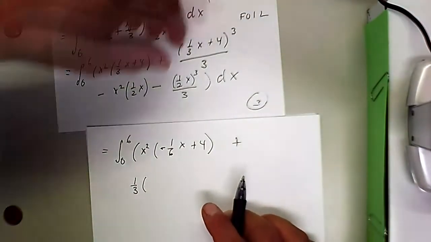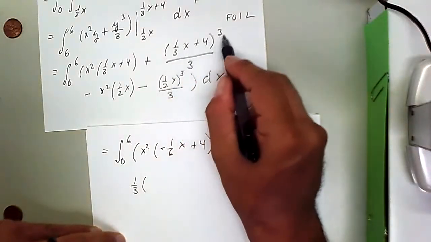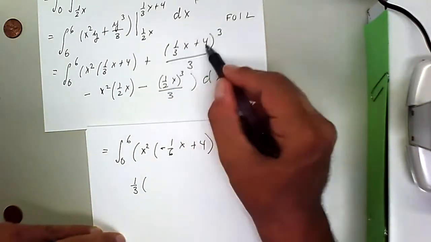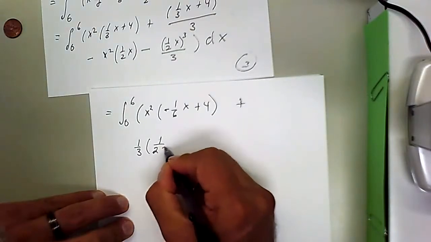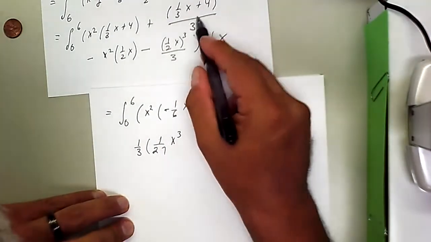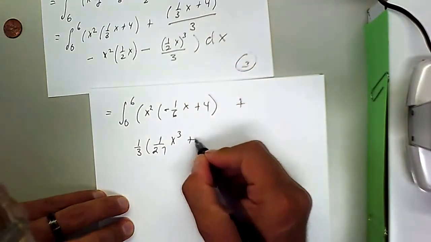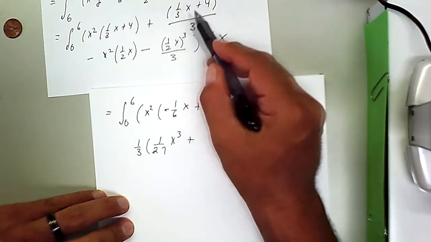That will take you a little bit. So just multiplying this with itself, so we have three of them, we end up with 1/27 x cubed. All right. And then plus 1/9, but then we multiply by 3. So that's 1/3 times 4.